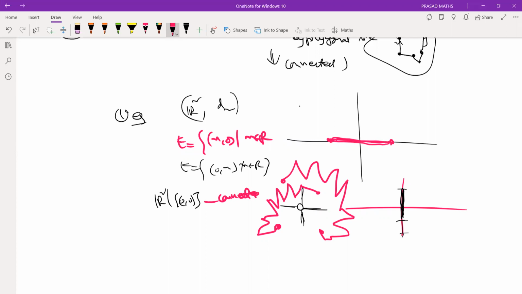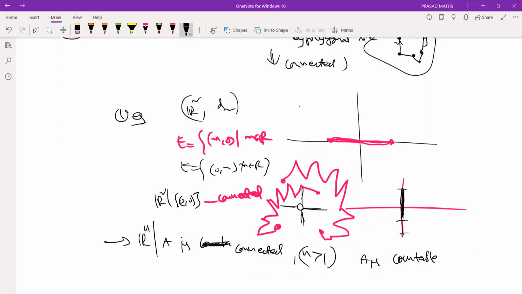In fact, it is path connected. So R square minus 0 is always path connected. In fact, R power n minus a countable set is connected, whenever n is bigger than 1 and A is a countable set.